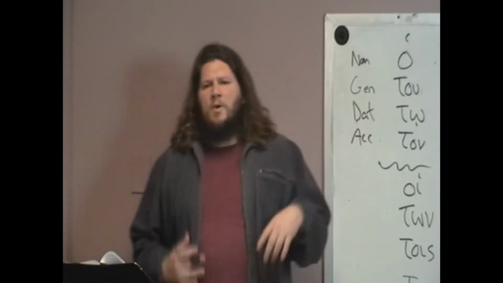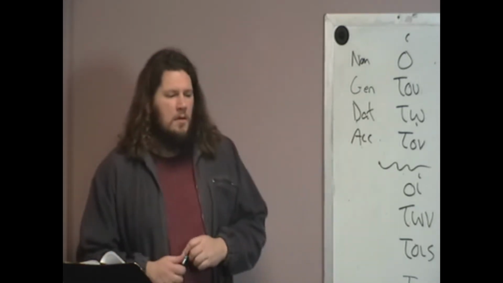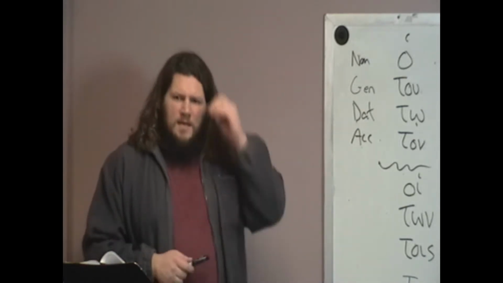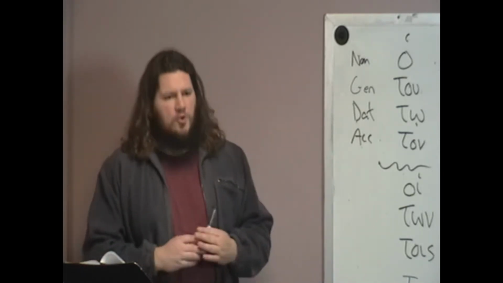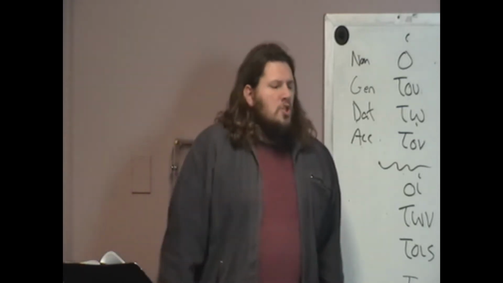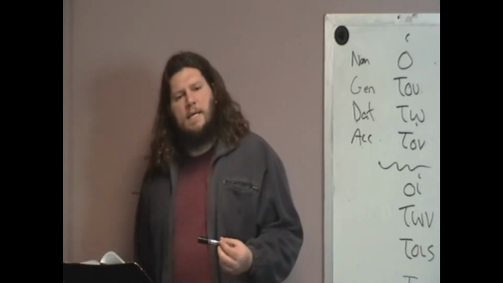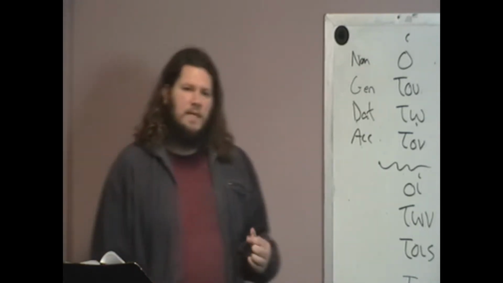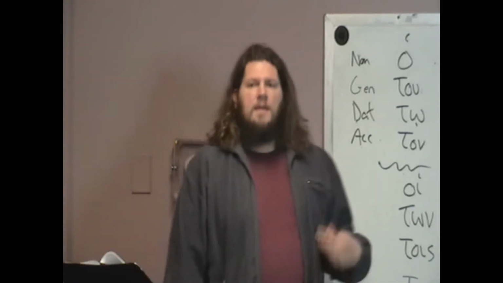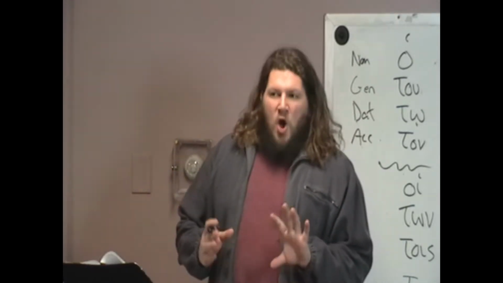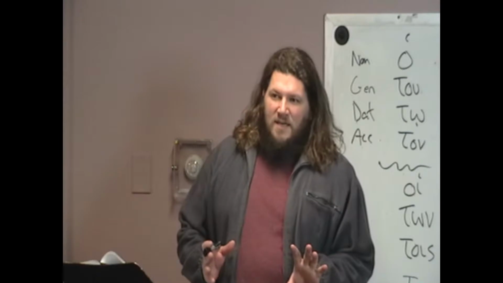Dative, what does that indicate for us? Indirect object. So, when you're translating, what do you need to supply? Anything when you translate it? A preposition. Now, what preposition is off limits for the dative? Of.